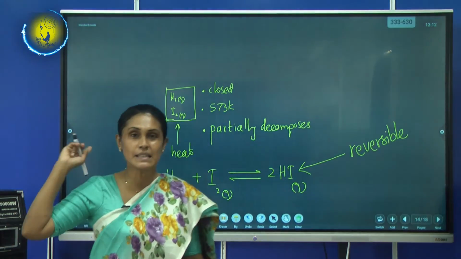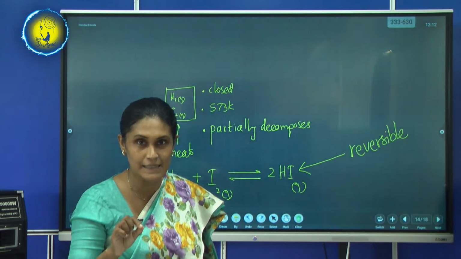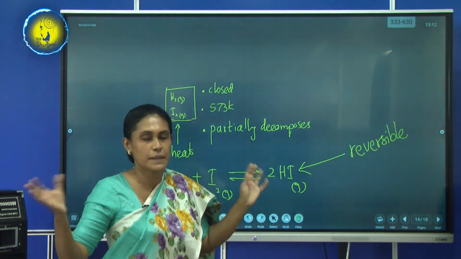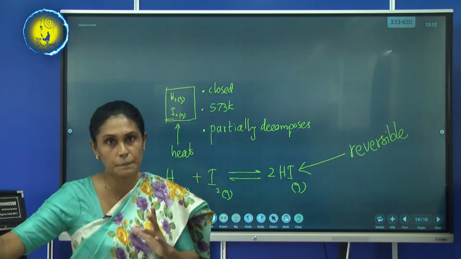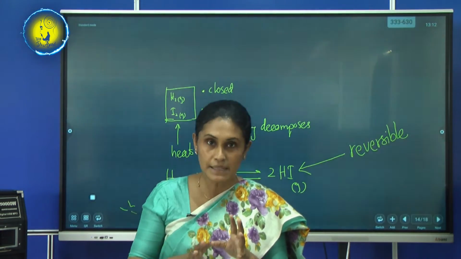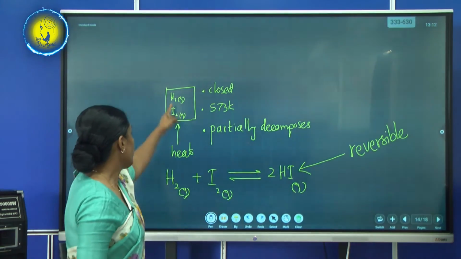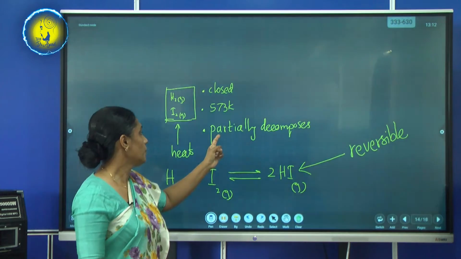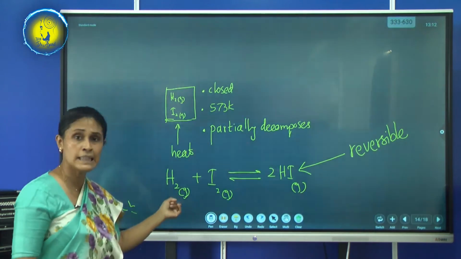In the previous container, the container that you did not heat, the reaction completed up to 90%, sometimes 10% is remaining without going to completion. It actually depends, but I'm telling you a rough value, right? So when you give the heat, what will happen? It starts to decompose partially.